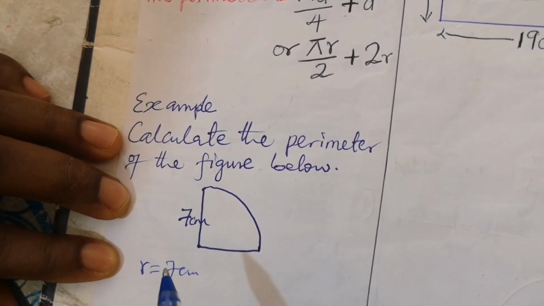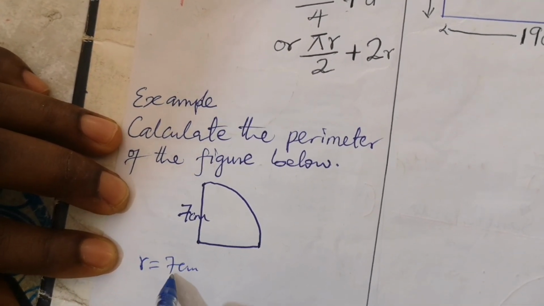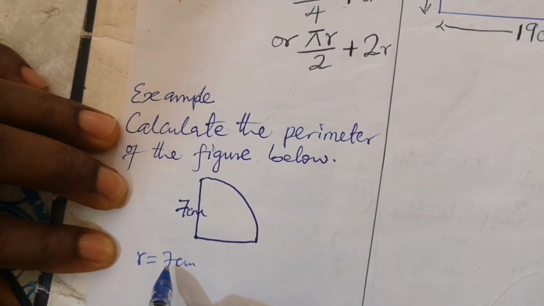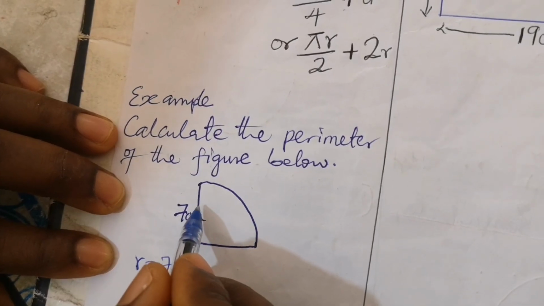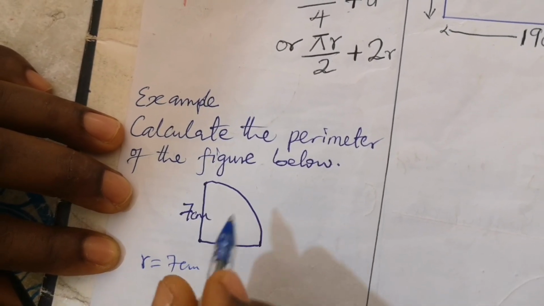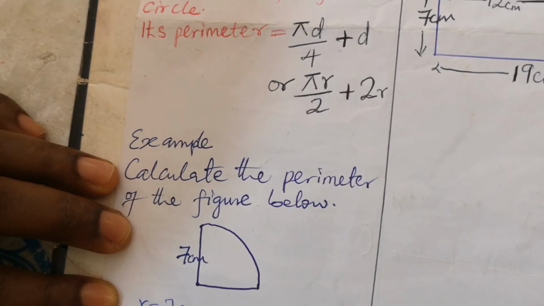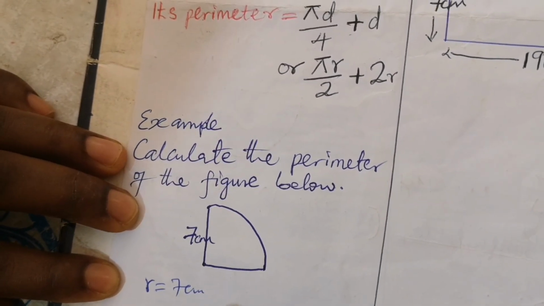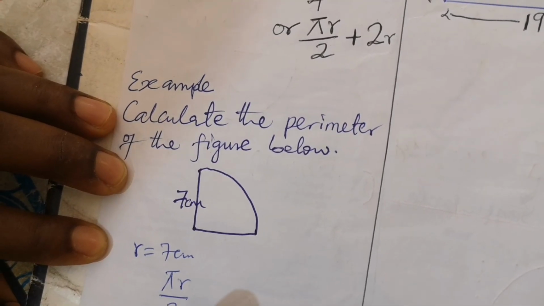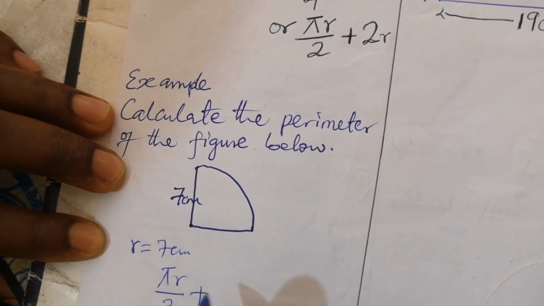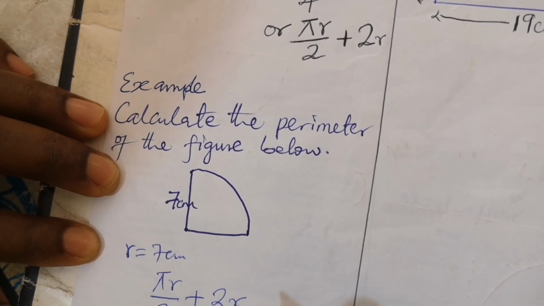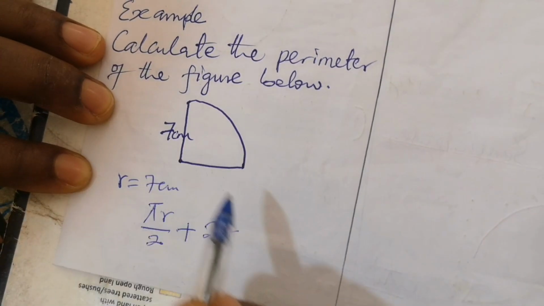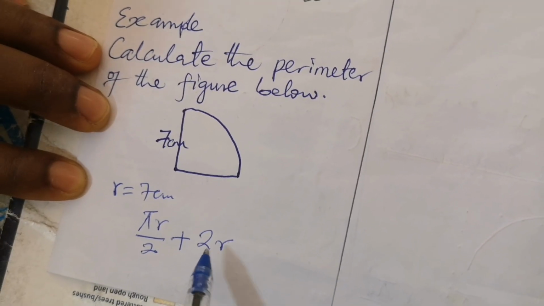So r is 7 cm, and we want to find the perimeter. So what is the formula for calculating the perimeter of a quadrant? The formula is pi r all over 2 plus 2r. Since we have radius, that is why I am using this formula.